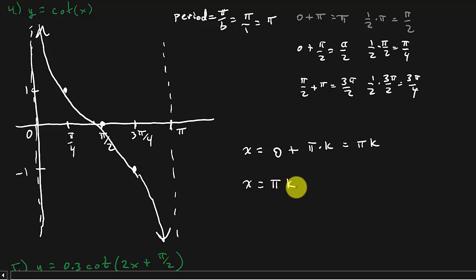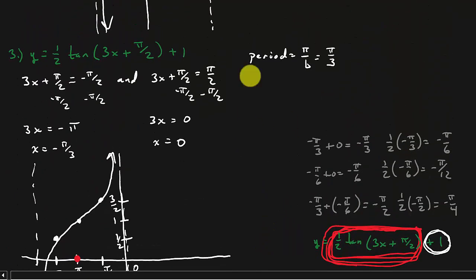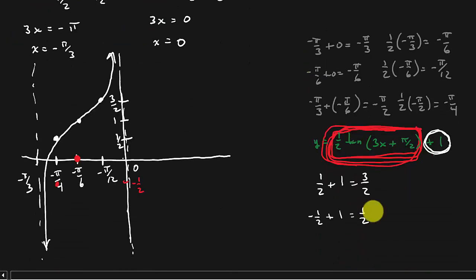All right. Now, I see up here, we found the period, but we didn't find the equation for the vertical asymptotes. So let's do that in this previous example. All right, so the vertical asymptotes would be x equal what? Look, we got a vertical asymptote here at 0. Use that. 0 plus.